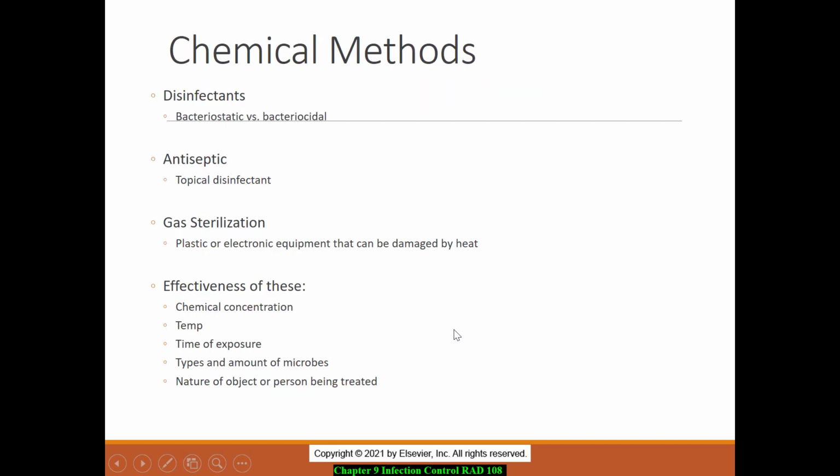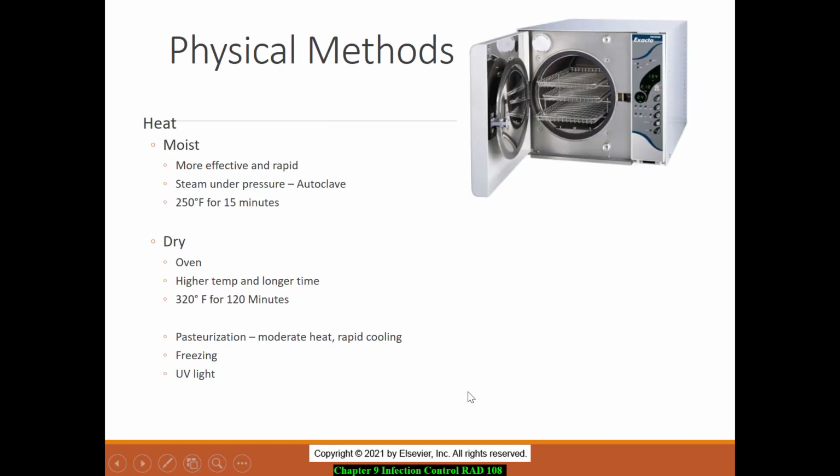We have chemical methods that we can use to disinfect. We can use antiseptic disinfectant, which is a topical disinfectant. Those gas sterilization chambers will actually kill off organisms by heat. And the effectiveness of those is going to depend on your chemical concentration, temperature, time of exposure, and the nature of the person being treated and following those isolation techniques.